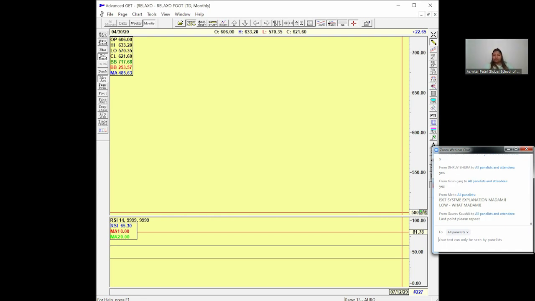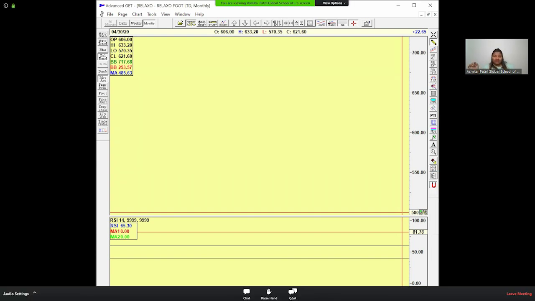If the speed is between 40 and 60, you'll call it sideways. Below 40, downtrend. Below 20, strong downtrend. Did you guys write this, everyone?